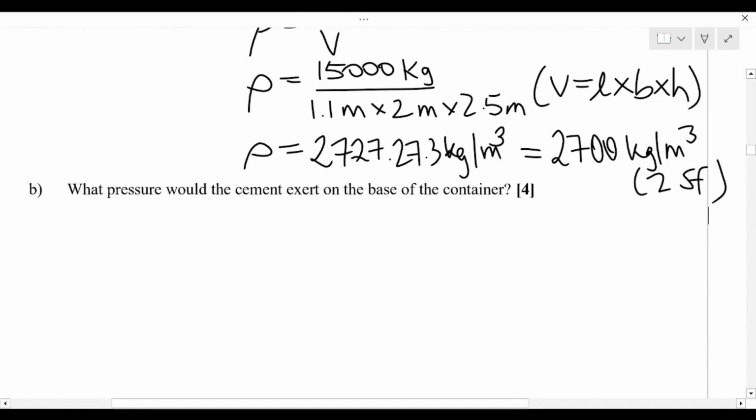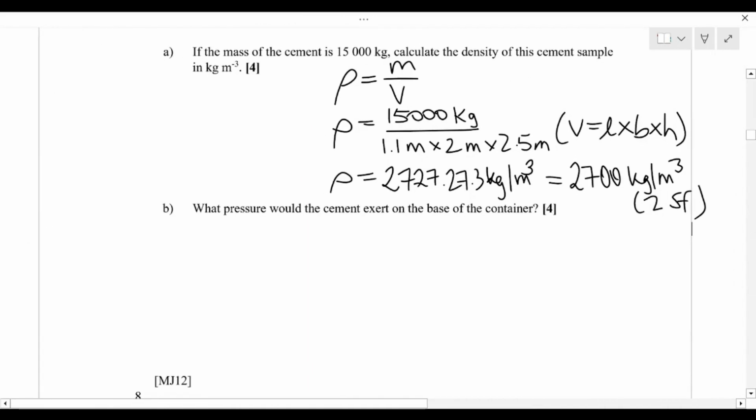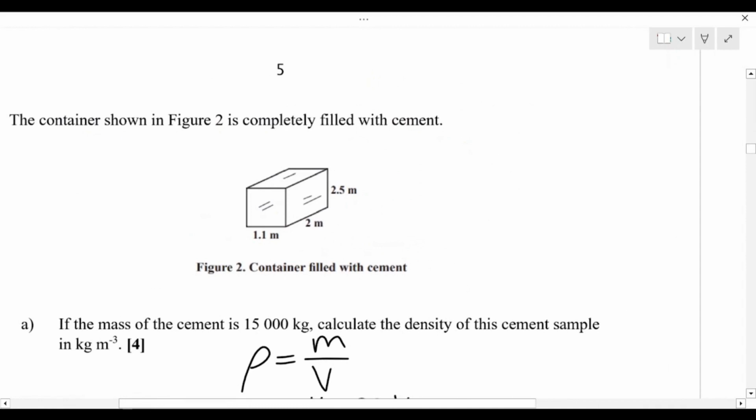What pressure would the cement exert on the base of the container? We need to know the base of the container, which you can see is 1.1 times 2.